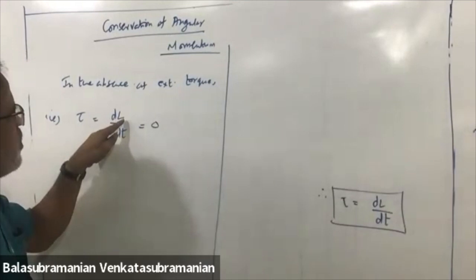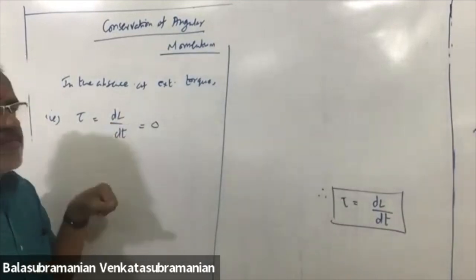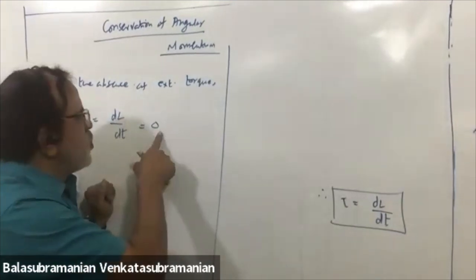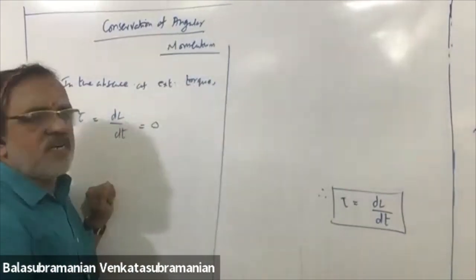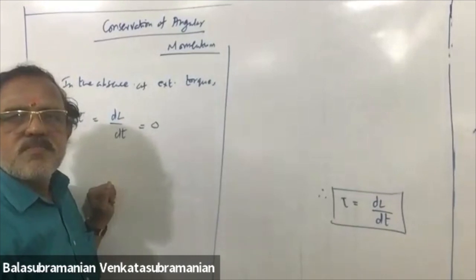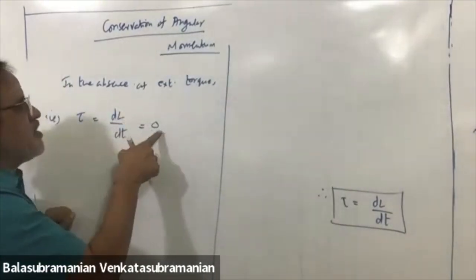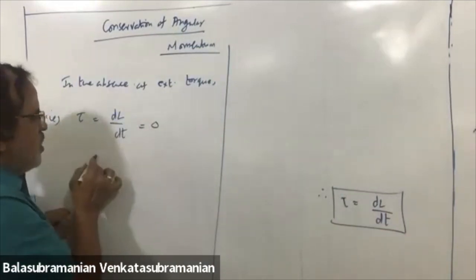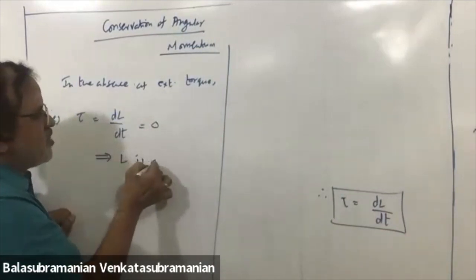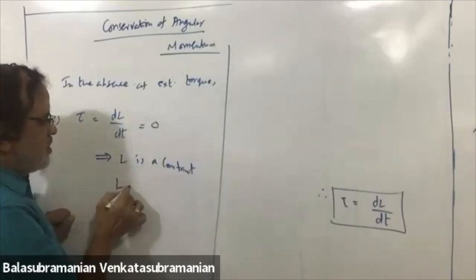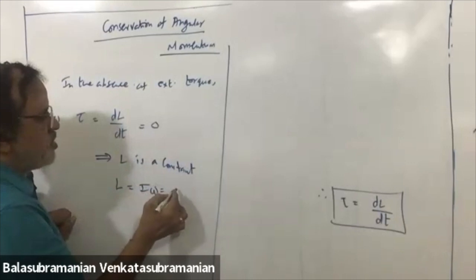Differentiation of something is equal to 0 means this something is called a constant. Here the rate of change of angular momentum is 0, therefore L is a constant. That is, L is equal to I omega is a constant.